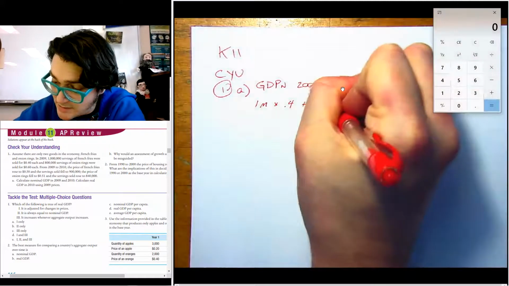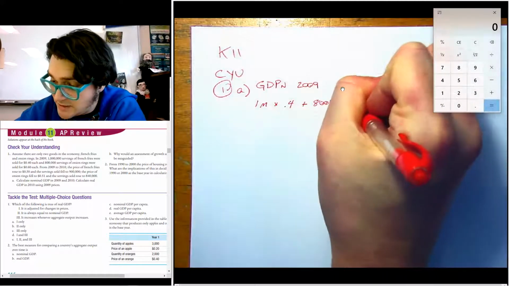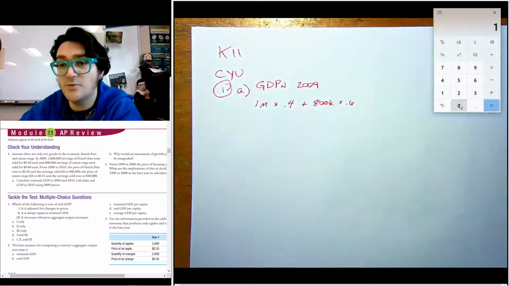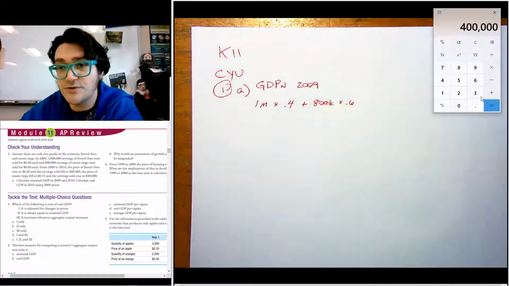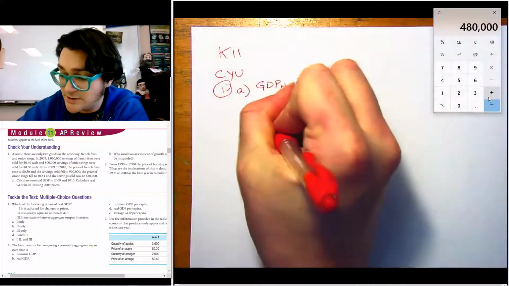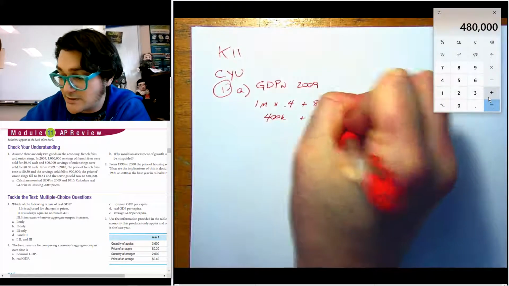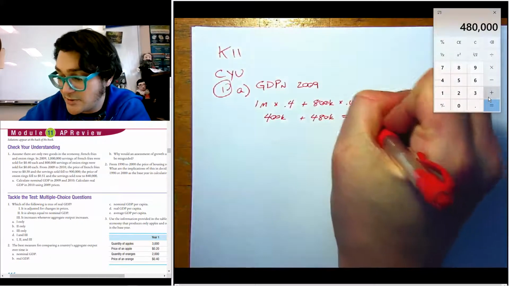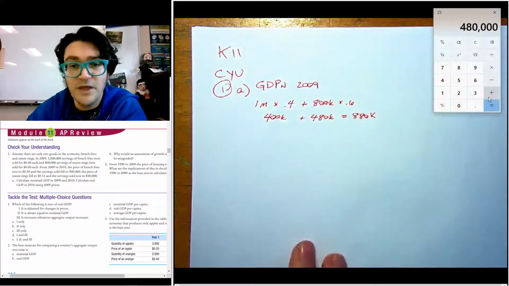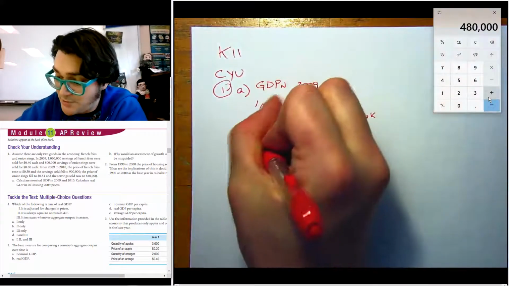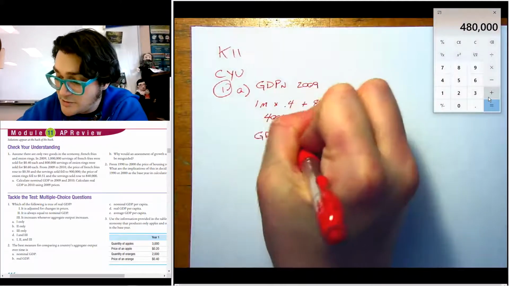So 800,000 times 60 cents. 1 million times 0.4, we should know, is 400,000. And 800,000 times 0.6 is 480,000. So this is 400,000 plus 480,000 equals 880,000.